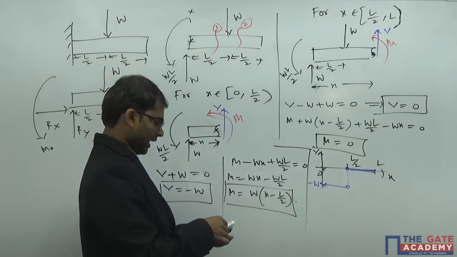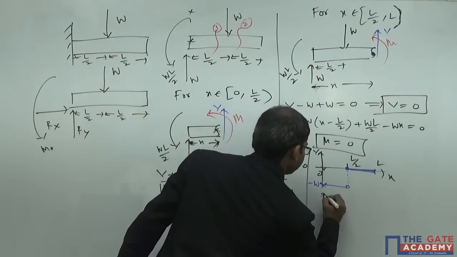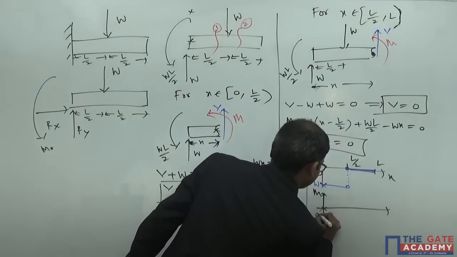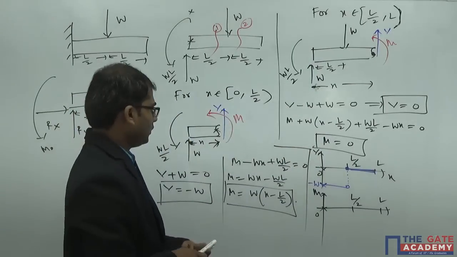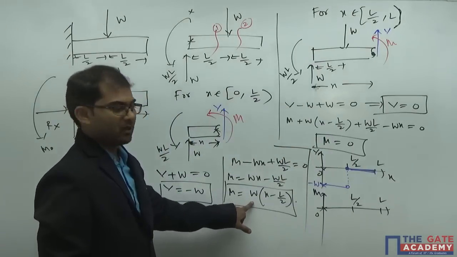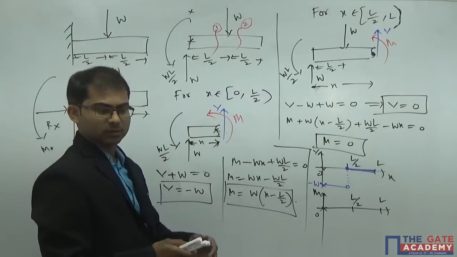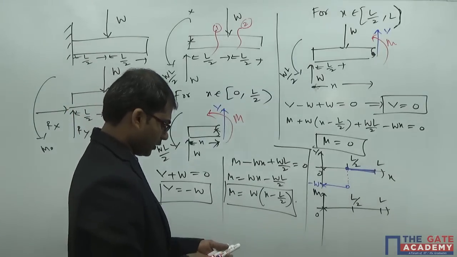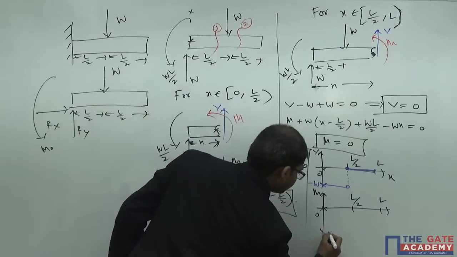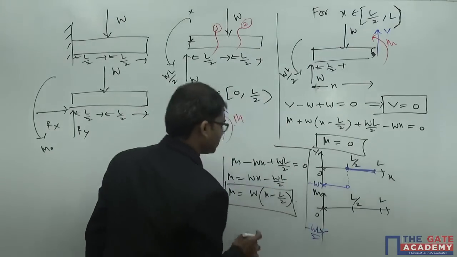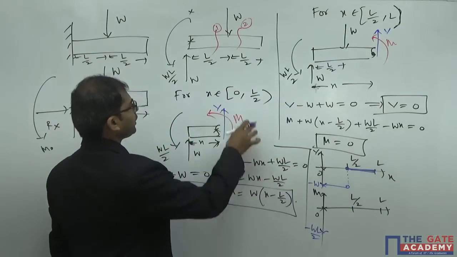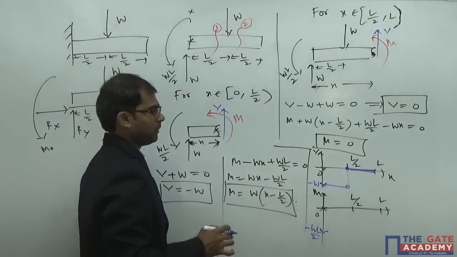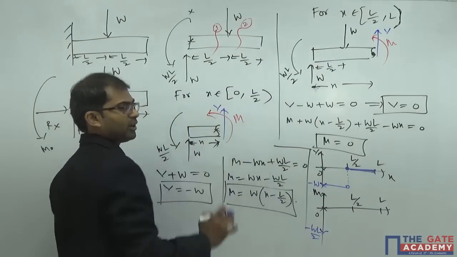Now if you go with bending moment diagram, it will come like this. M, 0, L by 2 and L. So from x is equal to 0 to L by 2, we have to use this equation. When x is equal to 0, M is equal to minus WL by 2. So minus WL by 2 will come. But it's a linear equation. At x is equal to L by 2, it's equal to 0. But this range is not including the point L by 2.